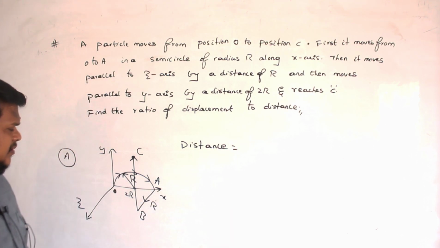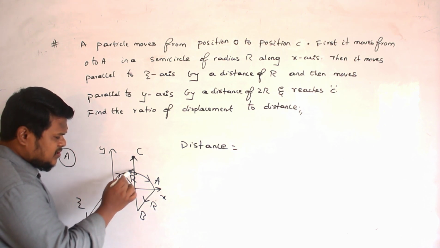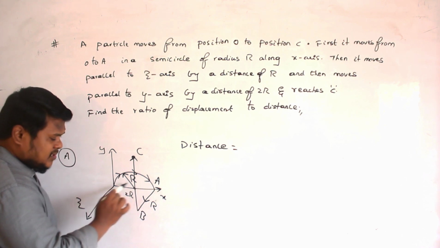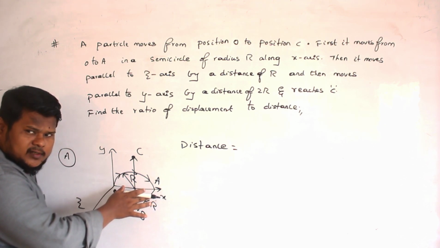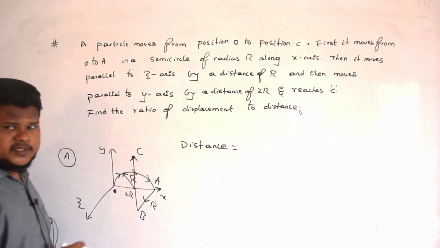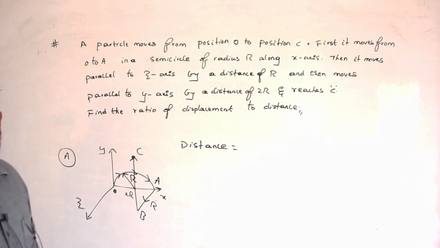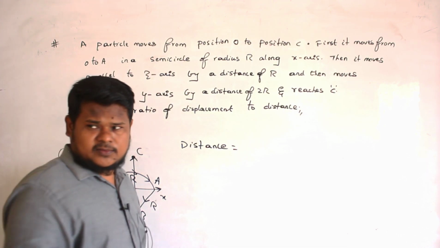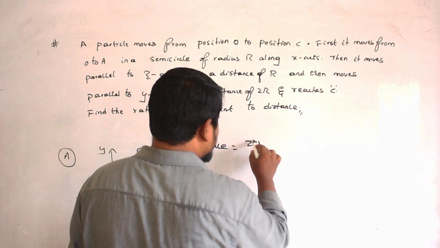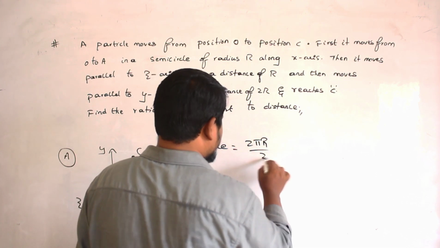Clear, no? So this length is how much? This is nothing but half of the circumference of a circle. He is traveling like this, no? Is he traveling in a straight line? No, he is traveling in a circular path, a semicircle. So what is the length of a semicircle? 2 pi r by 2, half of the total length, no? So total length is 2 pi r divided by 2.